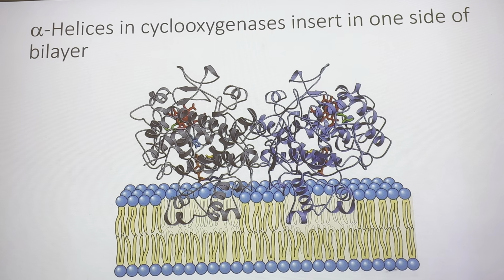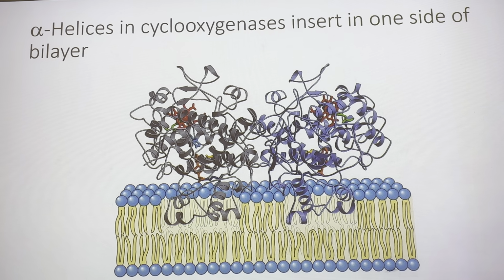They don't necessarily have to go all the way across the membrane. This is a cyclooxygenase, the enzyme that is inhibited by the non-steroidal anti-inflammatory drugs. It takes arachidonic acid as a substrate to make inflammatory prostaglandins.